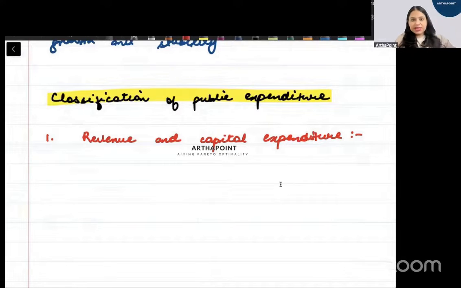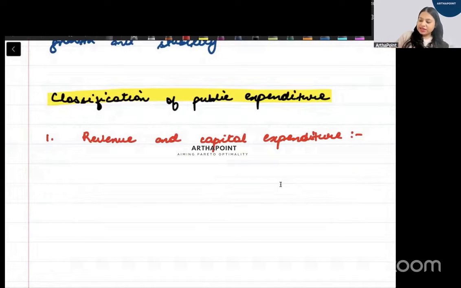And what is your capital expenditure? Whatever you are doing to have an investment, the money you're spending for infrastructure, for development projects, for acquiring any asset, right? All that is your capital expenditure.